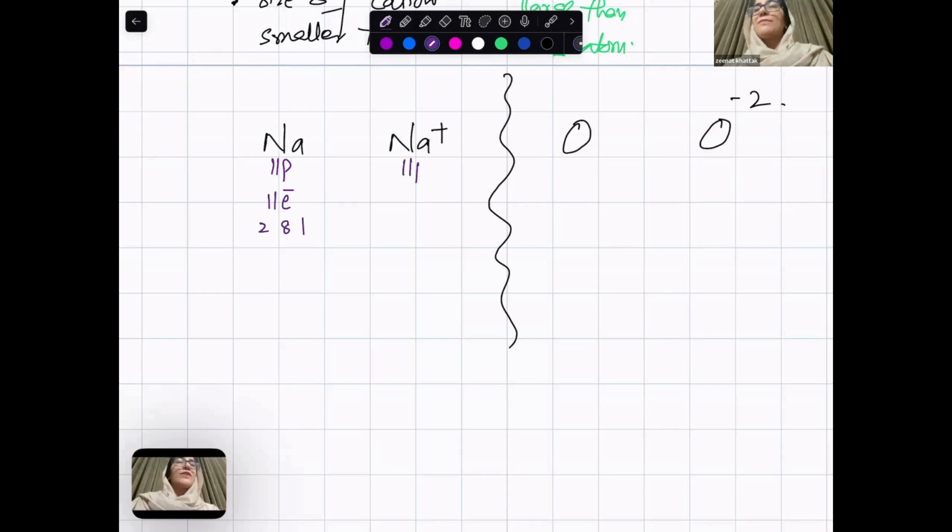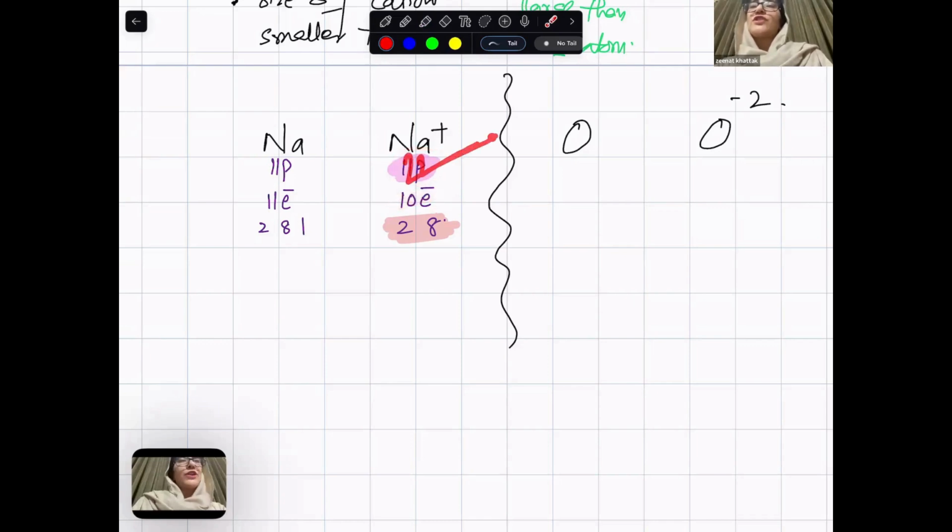This is 11 protons, 10 electrons, 2 and 8. So what is your conclusion? Definitely two shells, more proton, more attraction. Protons are more than electrons. When the protons are more, the attraction is more, the size shrinks, smaller.